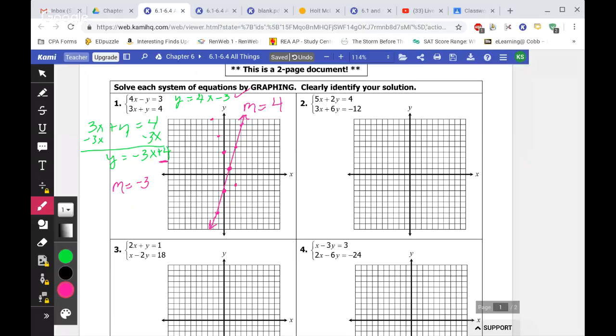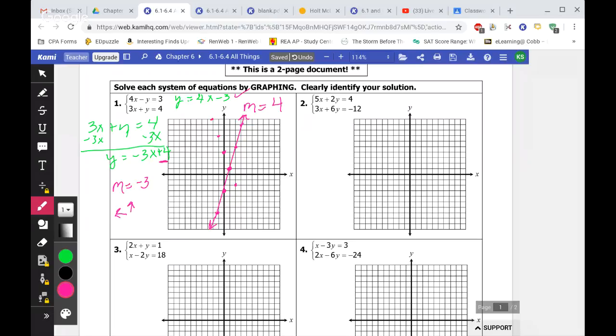I'm confused. Why are you going up first? Remember, you can go up as long as you go left. You travel in one direction negative and one direction positive. So if I went up, I would have to go left, right? You could have gone down first. It doesn't make any difference.